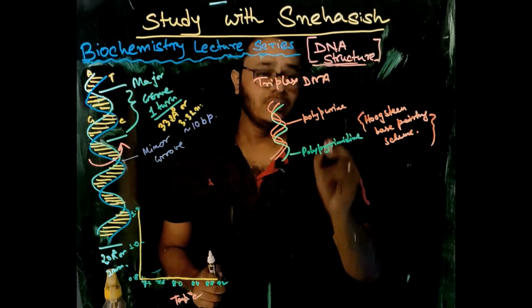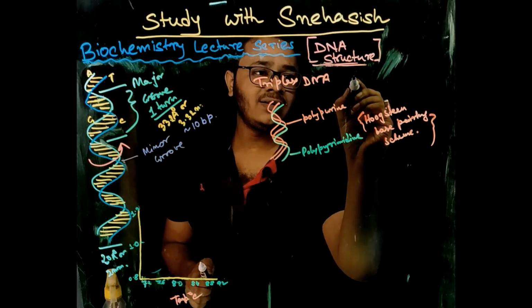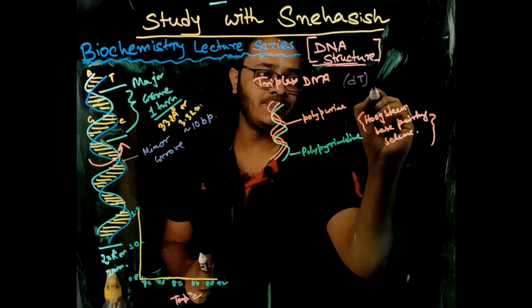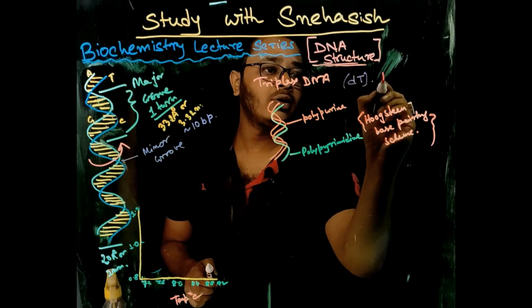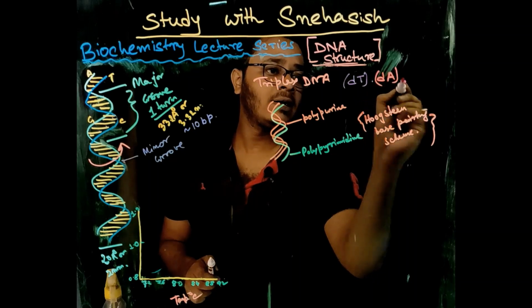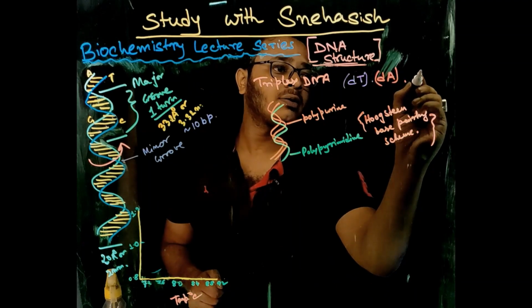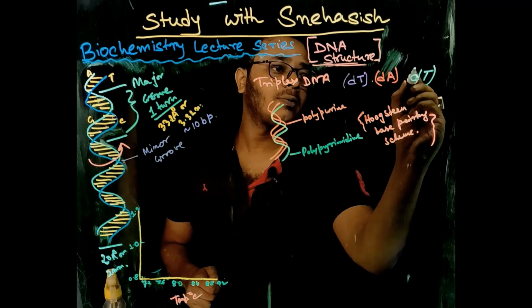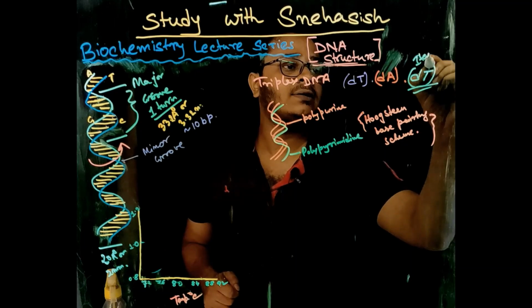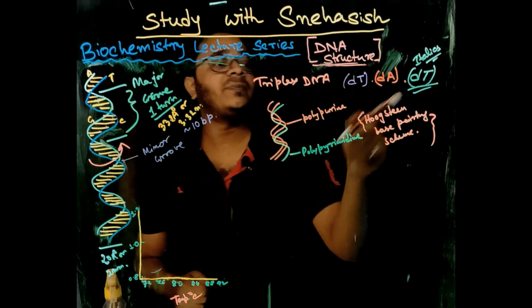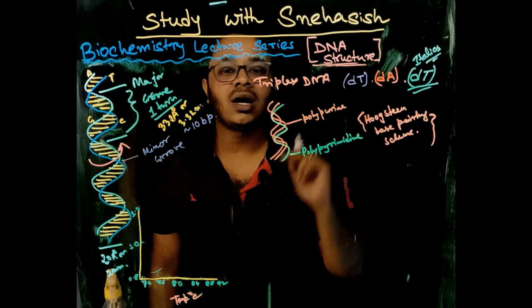In case of triplex DNA, it is written as the first strand, suppose the first strand is dT, the second strand then will be a purine or dA, and the third strand will be again a pyrimidine, but this third strand will be written in italics. So in case of triplex DNA, the strand which is written in italics will be the third strand.